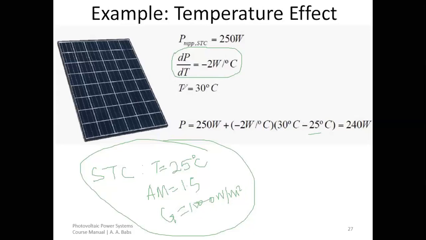So we are now asked to find the power when temperature increases from 25 to 30 degrees Celsius. What will be the power when temperature increases from standard test conditions of 25 degrees Celsius to 30 degrees Celsius? I already told you the formula you're going to use.